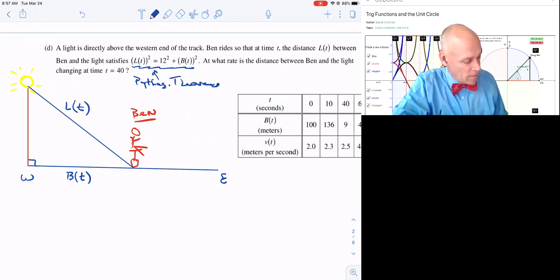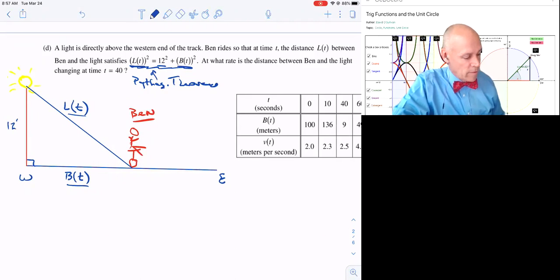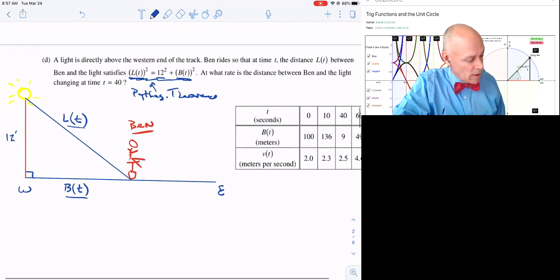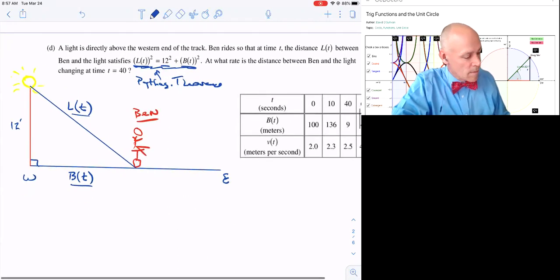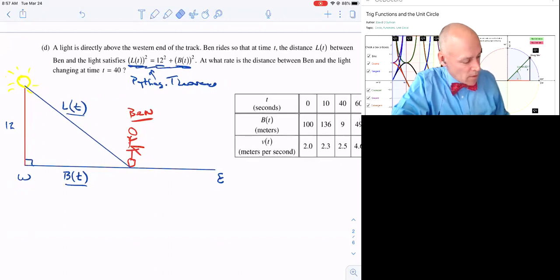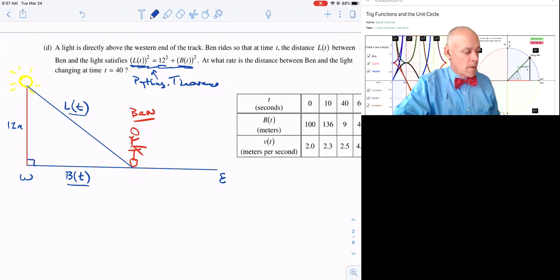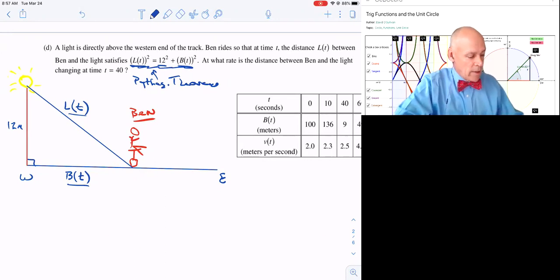So if L at T is my hypotenuse, if B at T is one of the legs of the right triangle, well, that must mean that the light is 12 feet above, 12 feet, I guess, or it looks like 12 meters. So that's going to be 12 meters above the track. Okay, so I've kind of got my diagram.